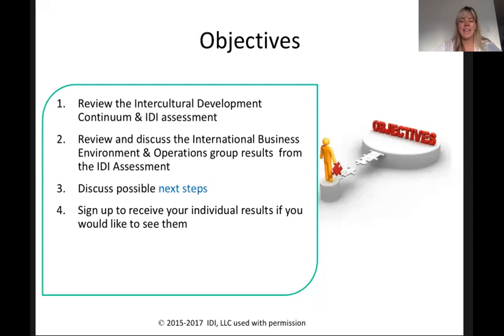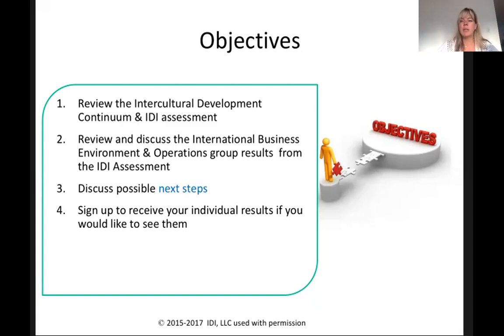So our objectives today, essentially, you may have other or different objectives for your use of this tool and learning about this IDI. And they can be completely different than what I'm going to talk about today, but we're going to review the intercultural development and specifically the IDI assessment.